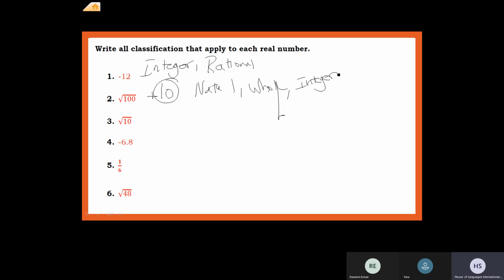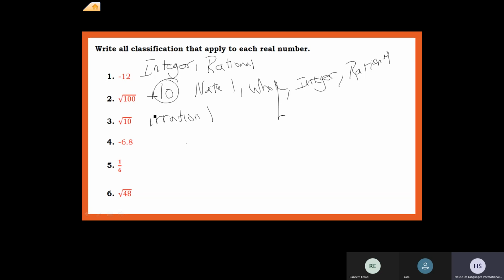Positive and negative numbers and zero. And rational? Yes. Now, square root of 10. Is it natural? Irrational. Bravo. Root of 10 is irrational.